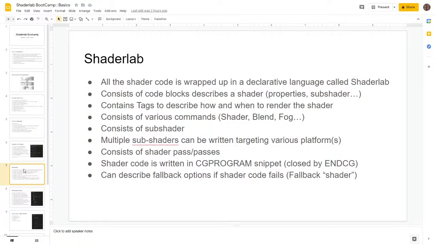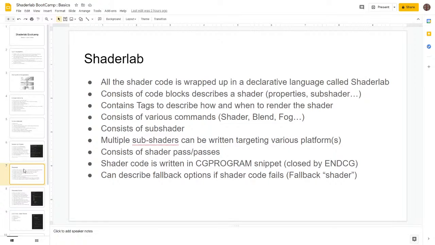How do you do that? So ShaderLab is something that Unity uses, and it's basically a declarative language which just wraps up all your code in a presentable manner, and Unity just parses it and executes it.